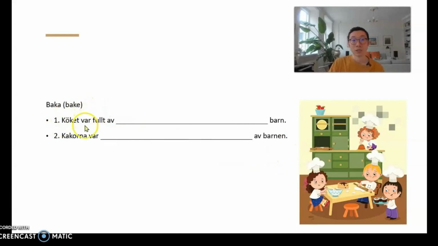The kitchen was filled with bakande barn. Kakorna var bakade av barnen. So bakande barn, baking children, bakade av barnen. The cookies were baked by the children.